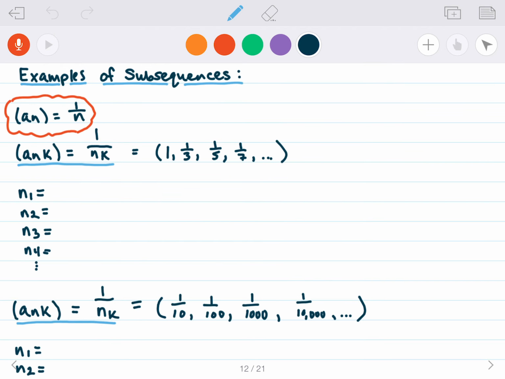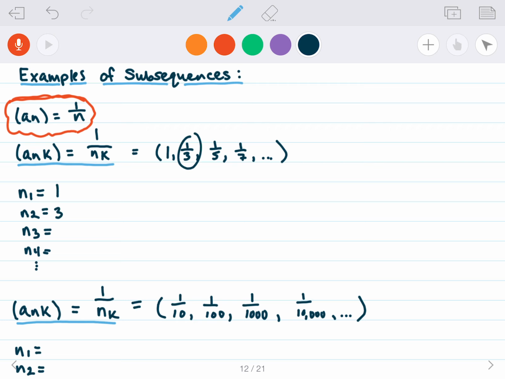All right, so let's look at some more examples of subsequences. Let's say my original sequence is 1 over n, and let's say that my subsequence is 1 over nk. Maybe our subsequence is defined by 1, 1 over 3, 1 over 5, 1 over 7. So n1 is going to be 1, n2 is going to be 3.